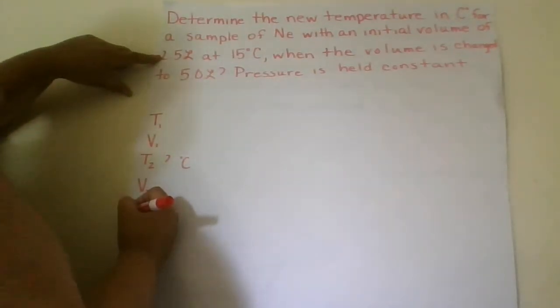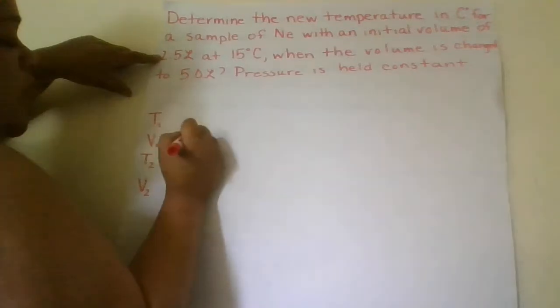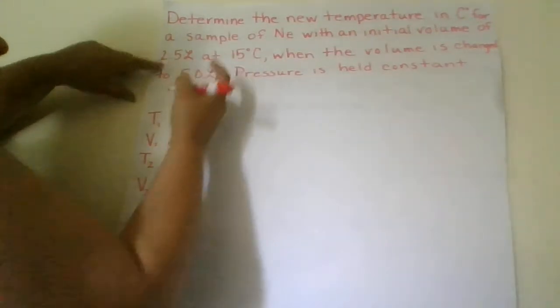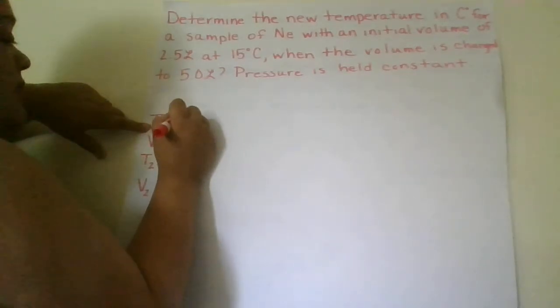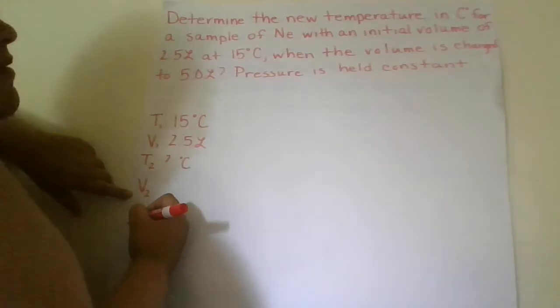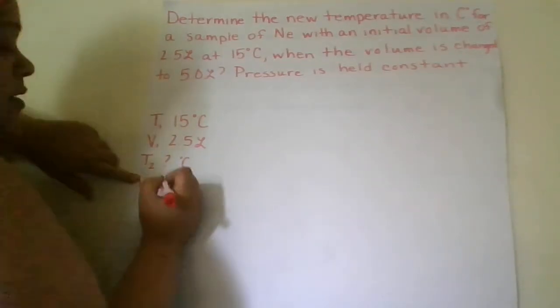So we have an initial volume of 2.5 liters at 15 degrees centigrade, when the volume is changed to 5 liters.